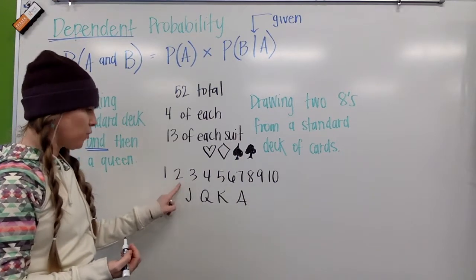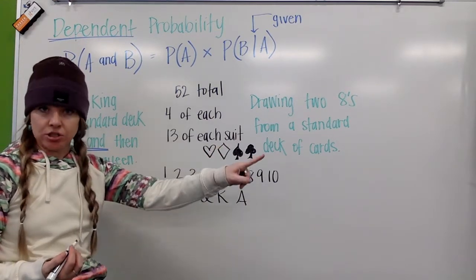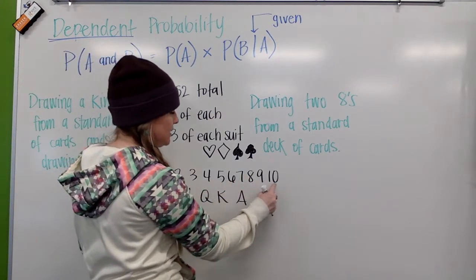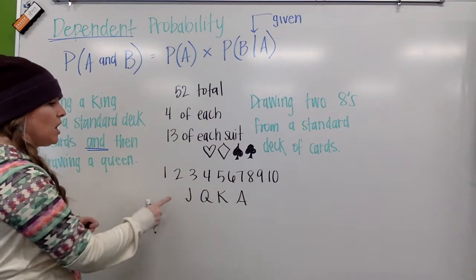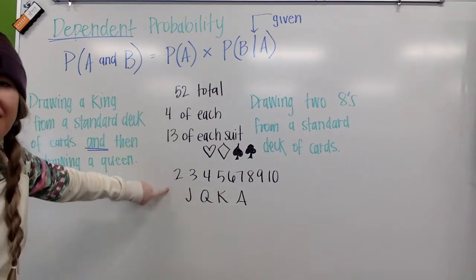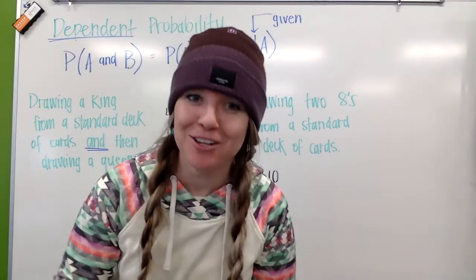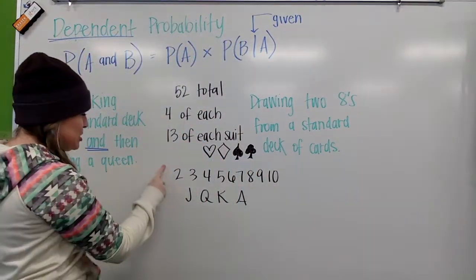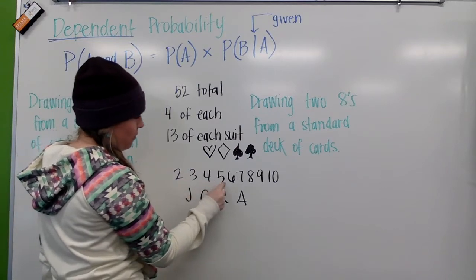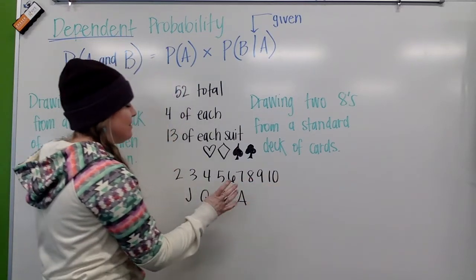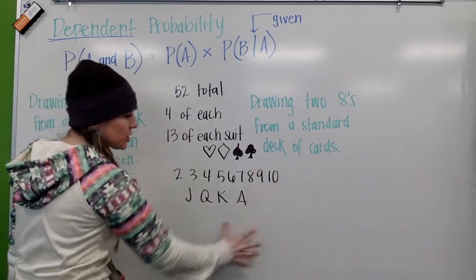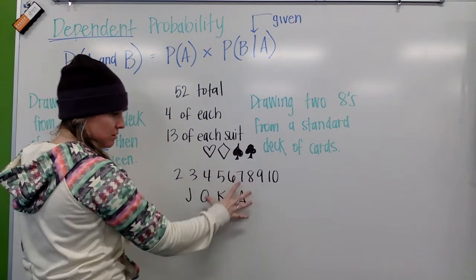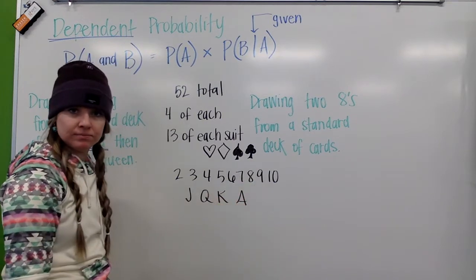So you have 4 2s, 4 3s, 1 of each suit, which is why you have 13 of each suit. The ace is your 1. So the numbers 2 through 10, then ace, king, queen, jack. 13 hearts, 13 diamonds, spades, and clubs.